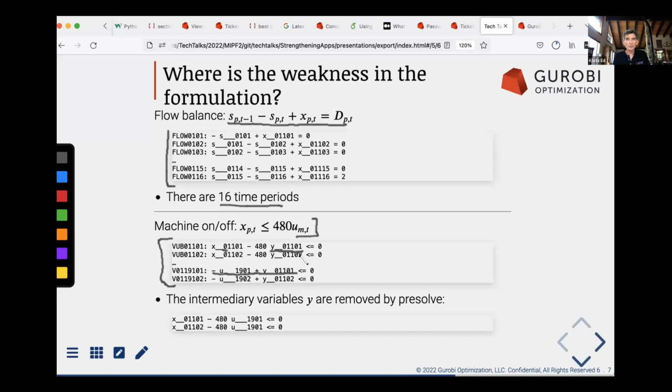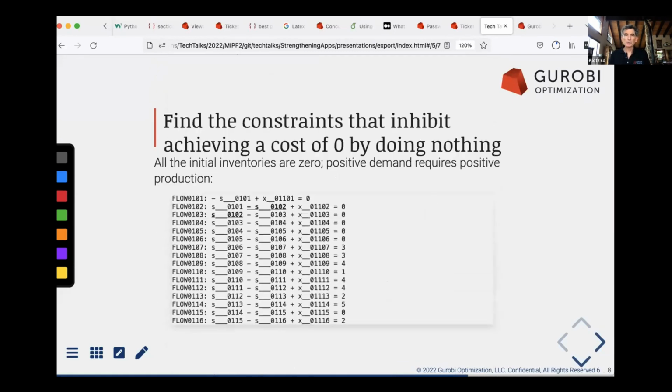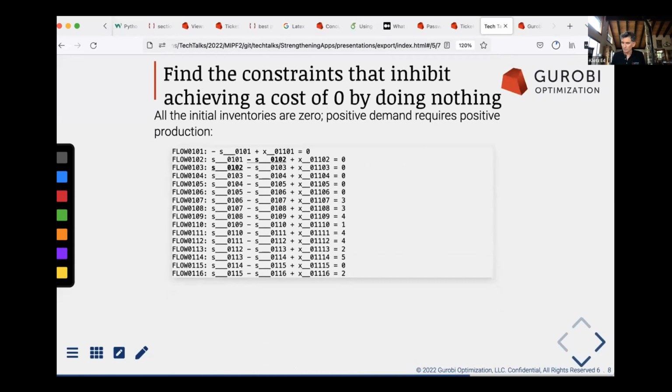These y variables are essentially intermediate, so we can remove them, which is what Gurobi's presolve does. So let's just focus on the simpler constraint with the y variables removed, which fits our machine on-off condition here. I can only guess that they introduced the y variables for some form of accounting or measuring, but to a certain extent, they are not relevant.